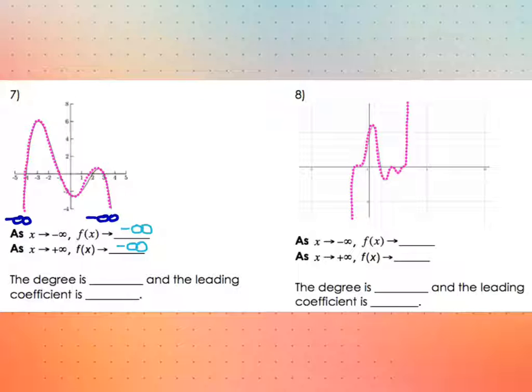Since they're both doing the same thing, it's an even function with the leading coefficient being negative. All right, the next one, as x goes to negative infinity, or in other words, as you go to the left, the graph is going down. As you go to the right, the graph is going up. So therefore the degree is odd since it's opposite end behavior, and the leading coefficient is positive.